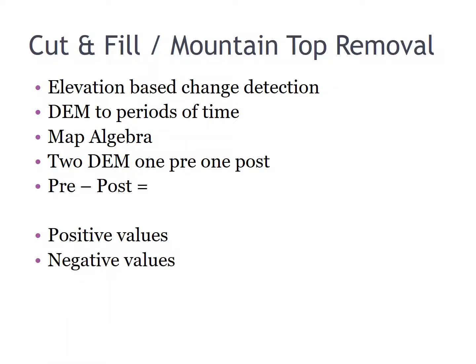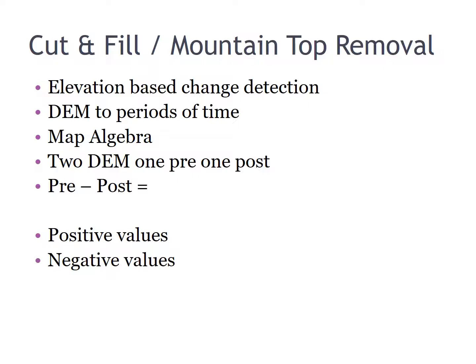Another type of change detection I want to talk about is cut and fill, or mountaintop removal. This is literally where we take elevation data and use it to calculate elevation change detection. If we take a digital elevation model from 2 different time periods in an area where we know there's been serious excavation work, we can use map algebra.